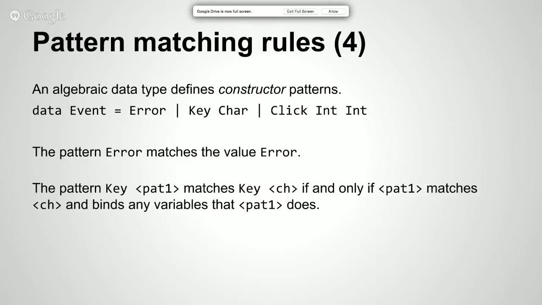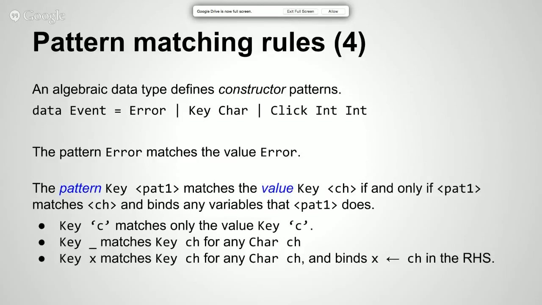But you can have a pattern with key followed by another pattern. Call it pat1. And that's going to match the value key ch if and only if the value ch matches the pattern pat1, and any variables that are bound by pat1 are going to be bound in the expression on the right-hand side.